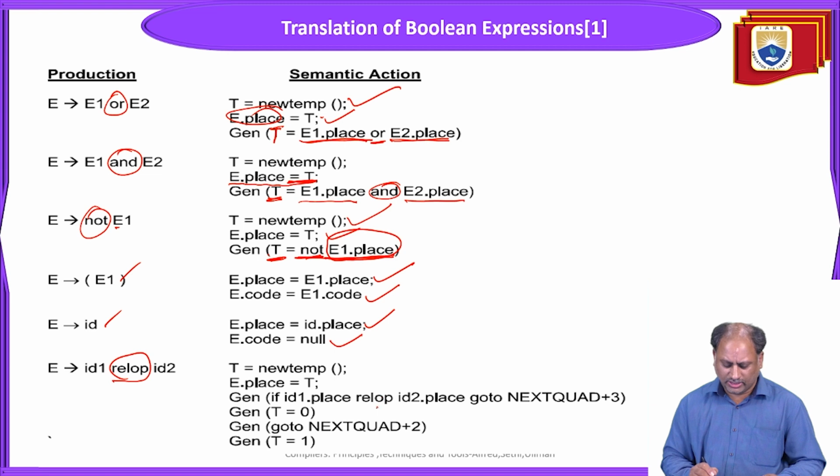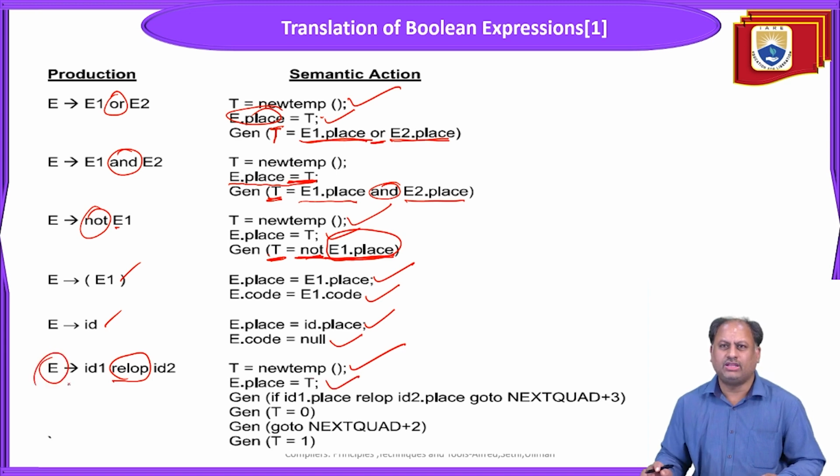Whereas for the relational operator, here we create one new temporary, and that is assigned to the place value of the left hand side, which is variable e, calculated with the place value of that particular address holding, that is t. Now we are going to generate a three address code notation by applying a relational operator with both identifier 1 and identifier 2.